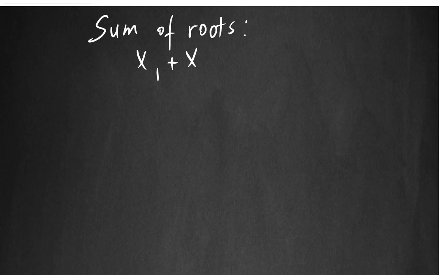To complete this video, let's talk about the relationship between the two roots. This is very important. So sum of roots. If as an exercise you calculate the sum of these two roots, x1 plus x2, you end up getting the value minus b over a.